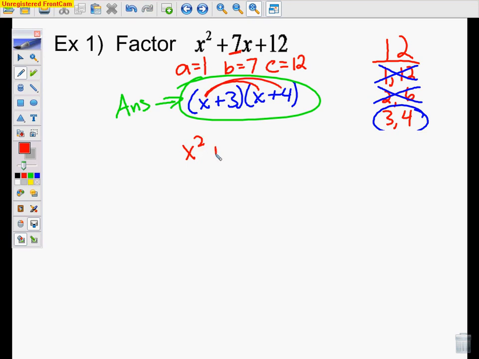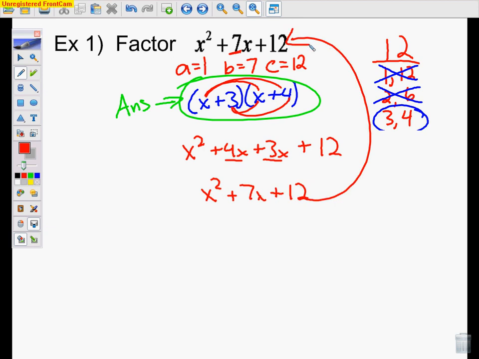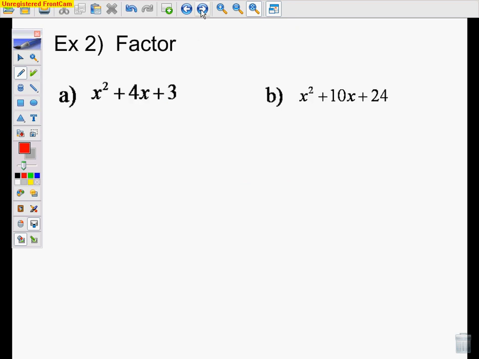X times 4, that's 4x. 3 times x, that's 3x. 3 times 4, that's 12. Combine your like terms, you get x squared plus 7x plus 12, which is the original problem. So we know that our answer is right. That was our answer. This was just a check here.